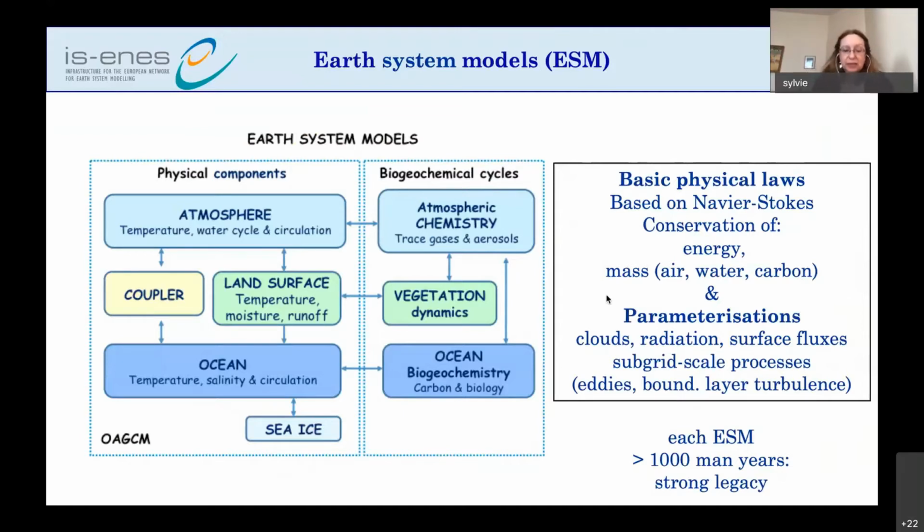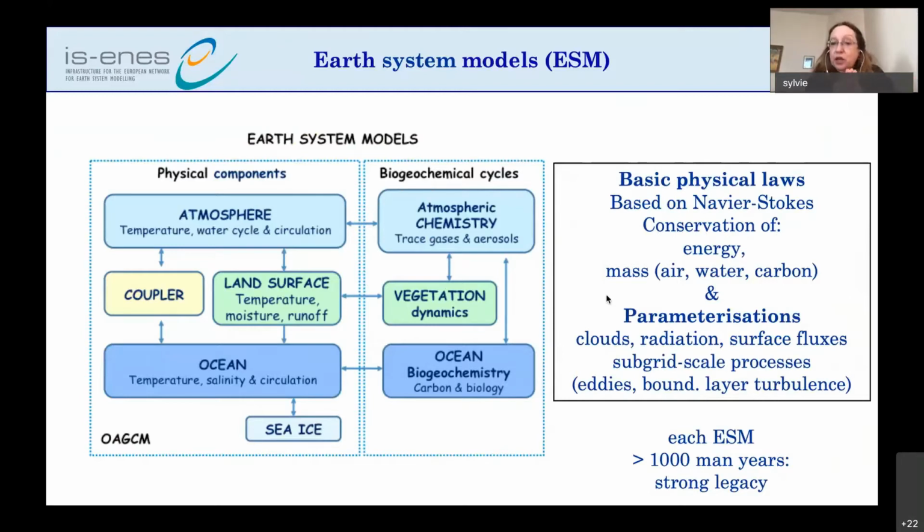Clouds occur at a range of scales, and when we are at 100-kilometer scale, we cannot really resolve exactly what happens at the microphysics level. So we parameterize those with simpler schemes. It's not a direct equation from the physics, but it's based on physical principles. For example, for clouds, if air becomes supersaturated, then you have precipitation of the excess water vapor. Or if the atmospheric column is unstable, you represent this instability to represent convective clouds, for example.